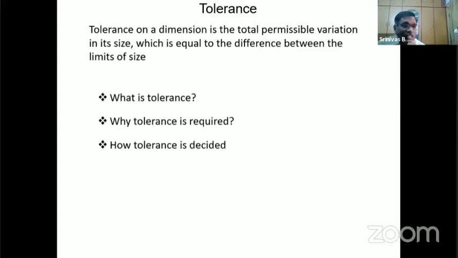Why is tolerance required? Tolerance is a must. Without that, we cannot produce any part to a specified dimension. This was explained by Vishwanath Garu in the beginning. No matter how qualified a person is, how specialized the machine or tool is, how controlled an environment you have, there must be some variation.